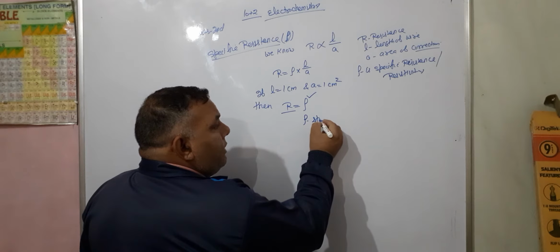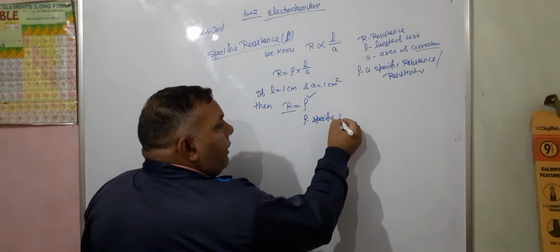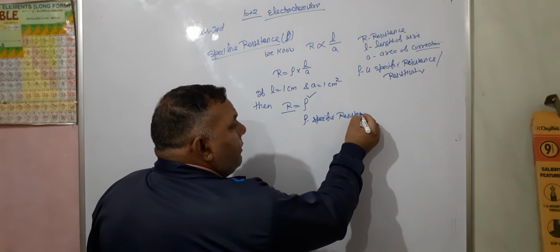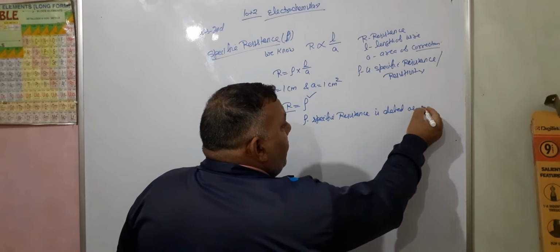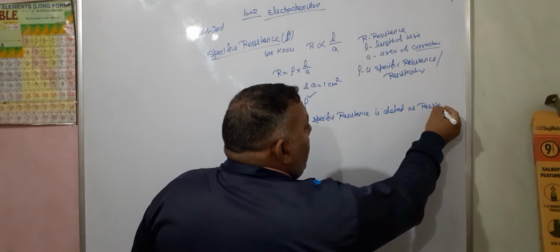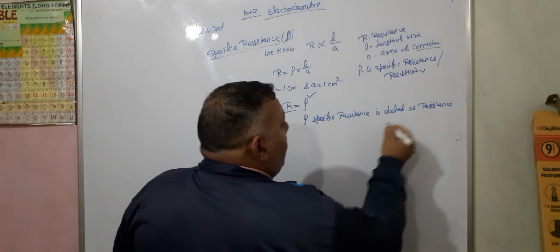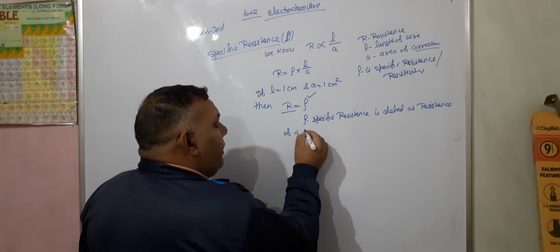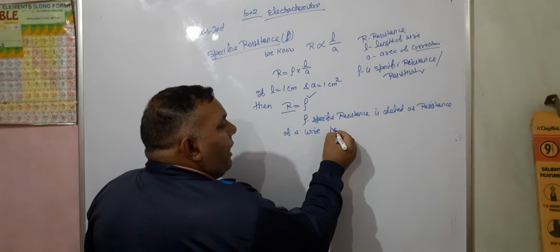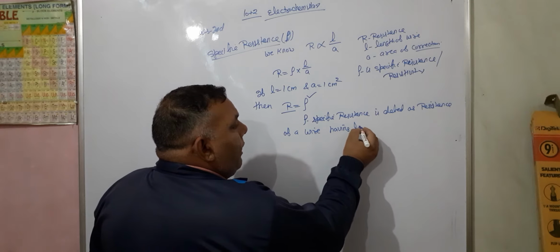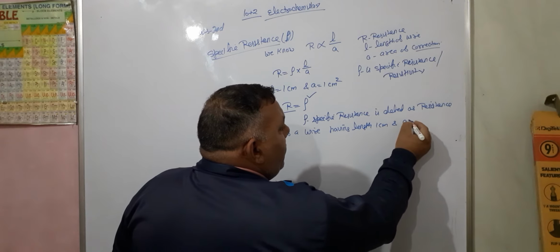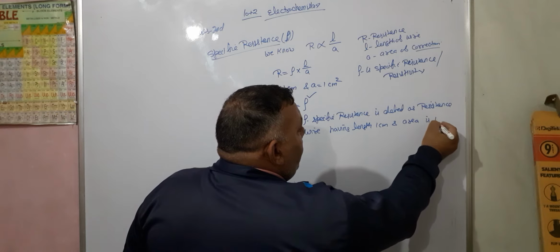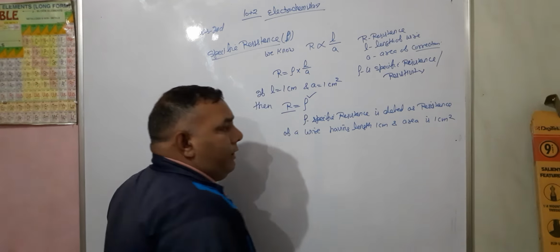Rho, specific resistance, is defined as the resistance of a wire having length 1 centimeter and area 1 centimeter square.